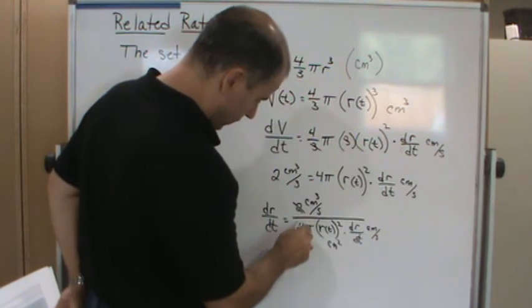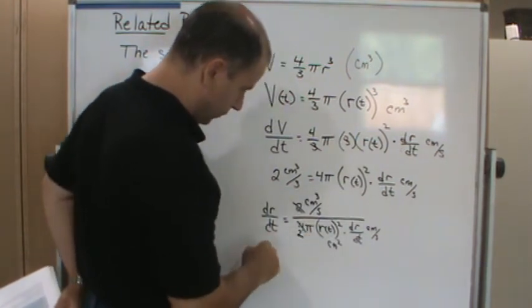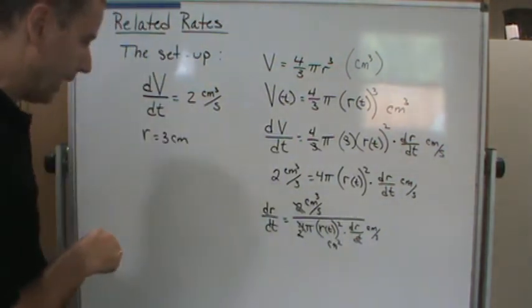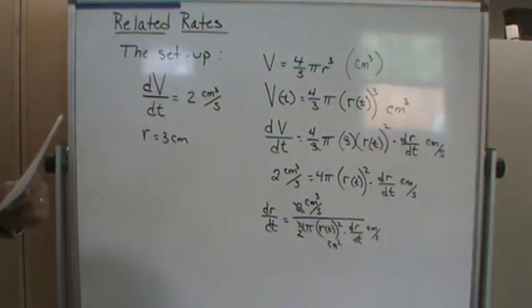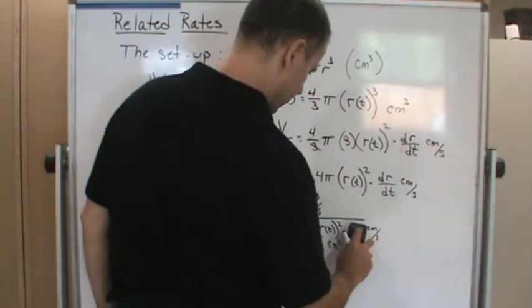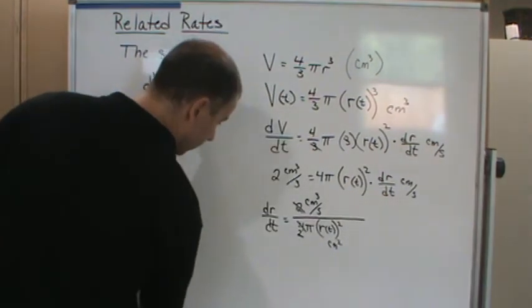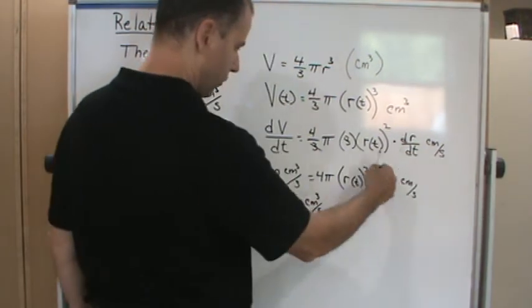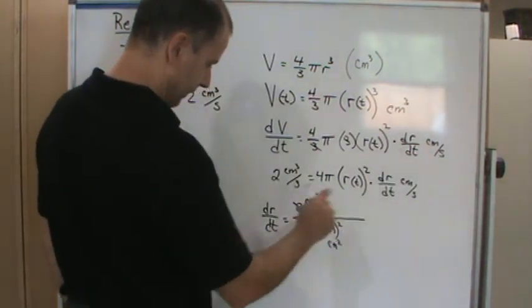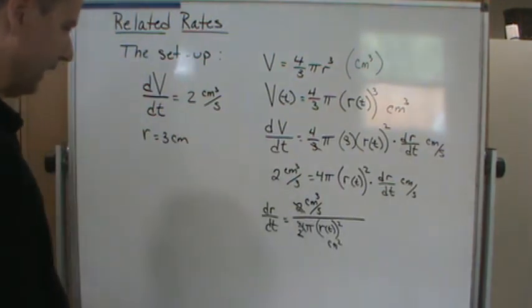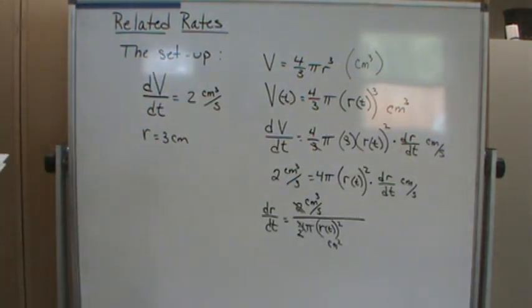This 2 is going to cancel this 4, so that's going to leave 2 there. So we get 2 pi r of t squared. Oh no, this is in here. Sorry about that. Got a little anxious. Yeah, we're solving for this. I ended up dividing by that. So this is it. And so now at 3, r of t, right?